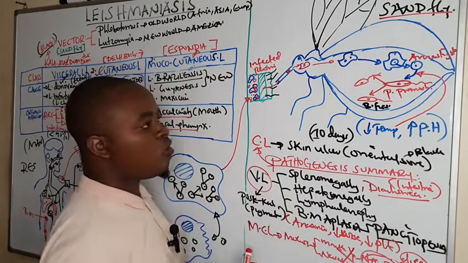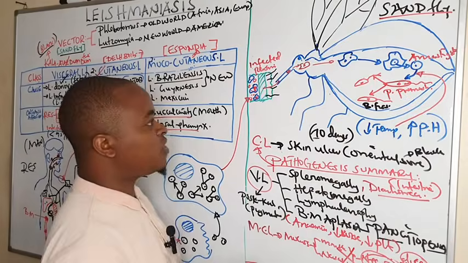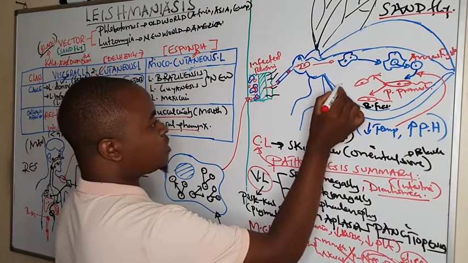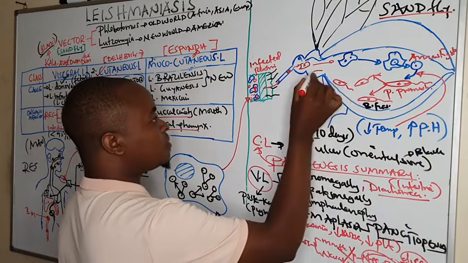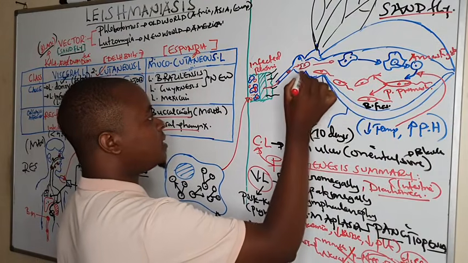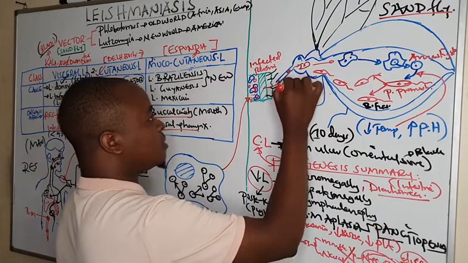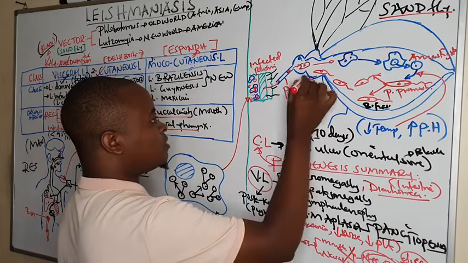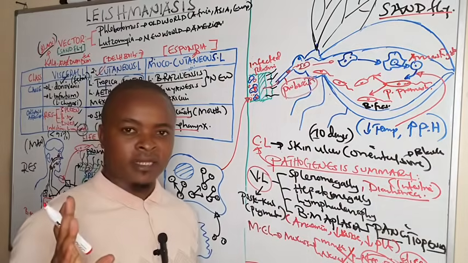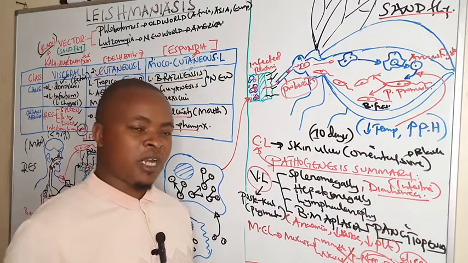they are going to go and invade the mouth parts. So these promastigotes are going to migrate towards the mouth parts of the sandfly, that is the proboscis. So they migrate to the proboscis, not the salivary glands, like the trypanosomes.